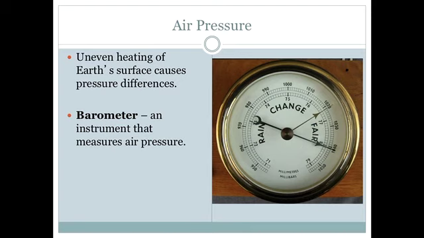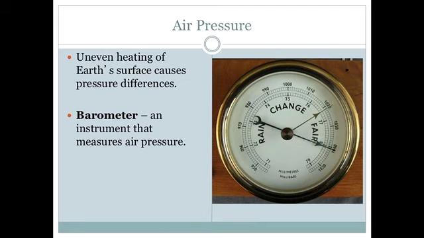Okay, let's look at those numbers up at the top. That goes from 950 to 1050. As you notice, the higher numbers go with fair weather. So what this means is high pressure brings sunny, clear skies.